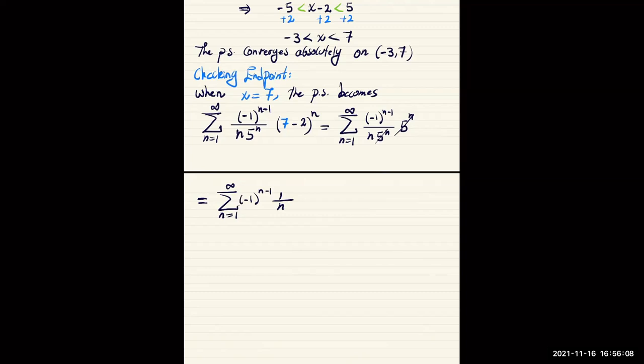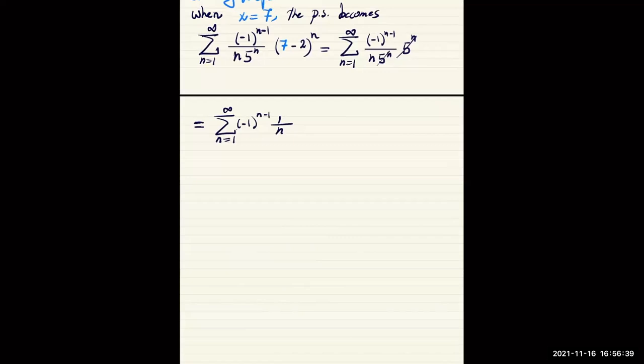We kind of knew that already. But when you run the AST, the alternating series test, this is in fact convergent, which means that this is conditionally convergent. So at 7, at the right endpoint, this power series is going to converge. If you want to be more specific, you could say it's conditionally convergent.